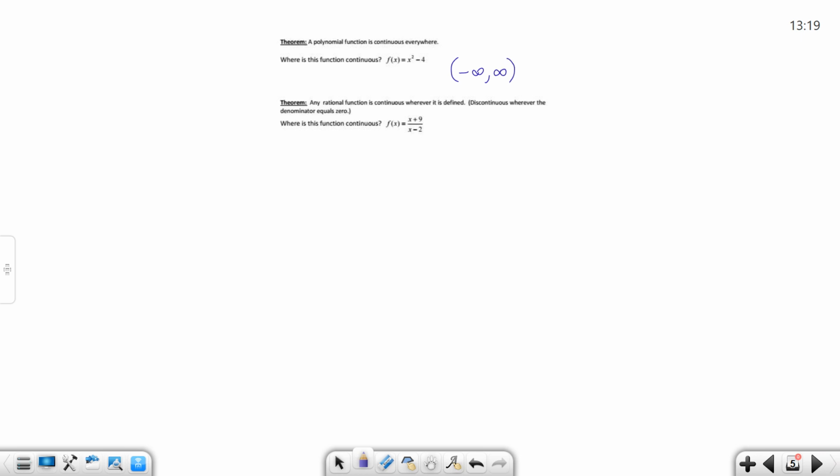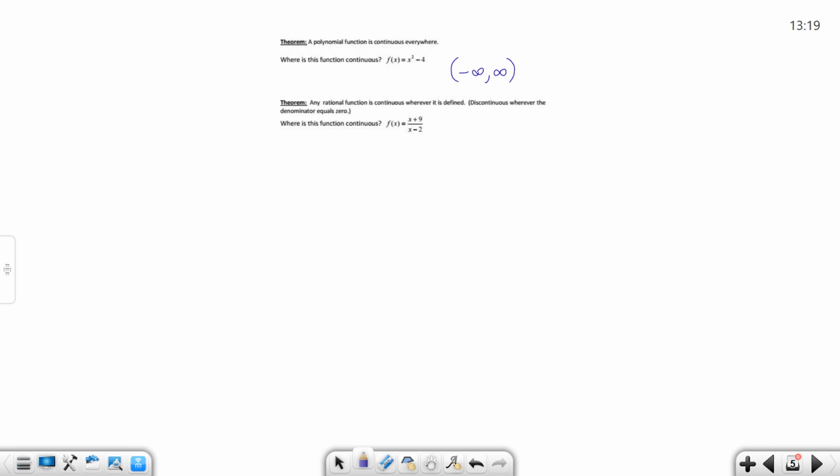So what you're looking for is there's no way to get 0 in the bottom, there's no way to get an imaginary number i, there's no way to get an asymptote, so any number you plug in would give you a number back, so that would be a good smooth curve. If you have a polynomial, it is continuous everywhere, and we write that as negative infinity to infinity.